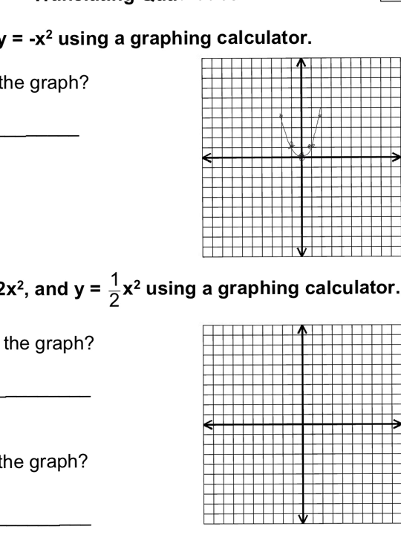Now I want to graph the second one, which is y equals negative x squared. When I put that in and graph it, it yields this graph here. It'll be just the opposite: over 1, down 1, and over 2, down 4.